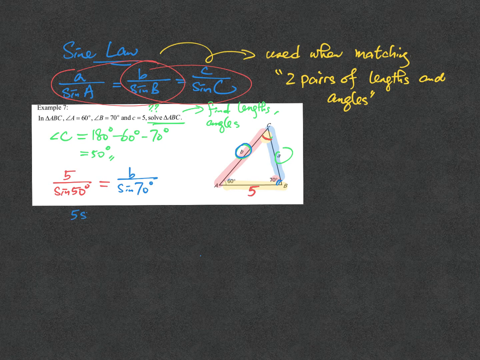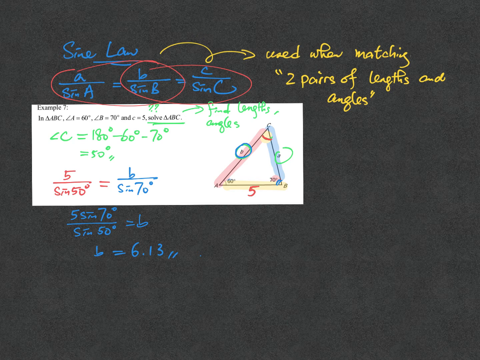You do the calculation very carefully. b will be 5 sine 70 over sine 50 degrees, which gives you 6.13 cm.